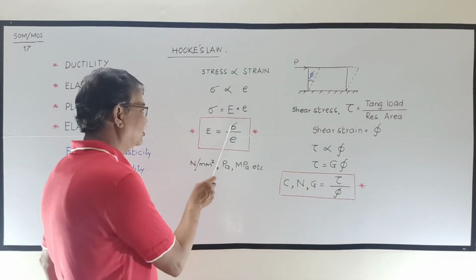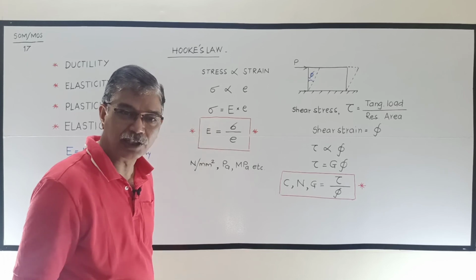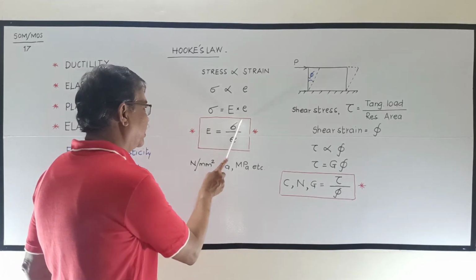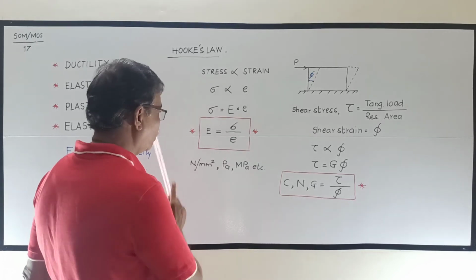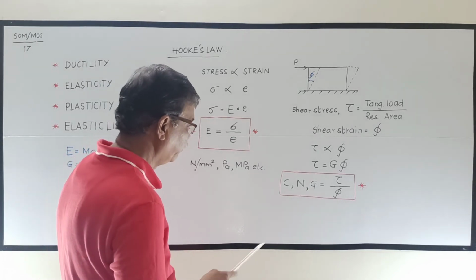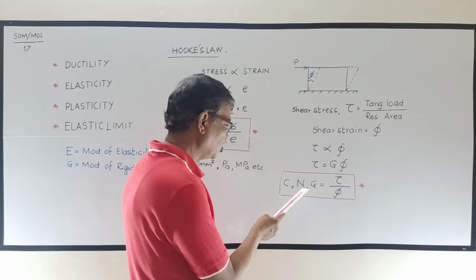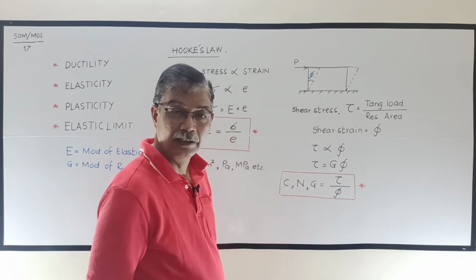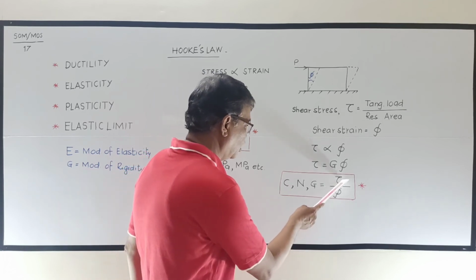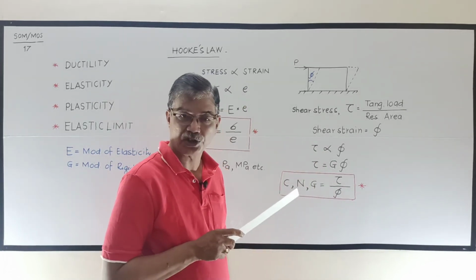So modulus of elasticity is defined as, within the elastic limit, the ratio of direct stress to the linear strain is known as modulus of elasticity. The modulus of rigidity or shear modulus, C or G or N, is defined as the ratio of shear stress to the shear strain.